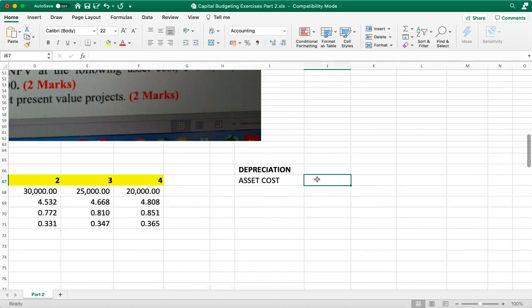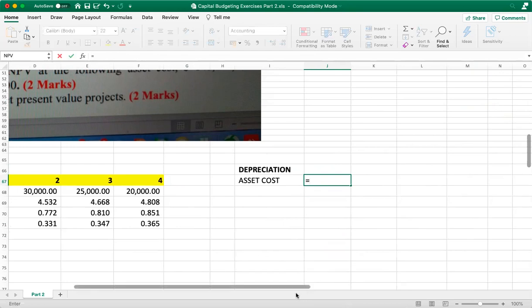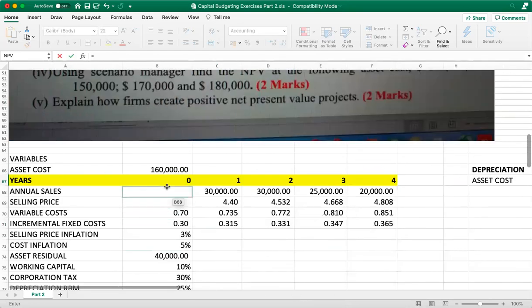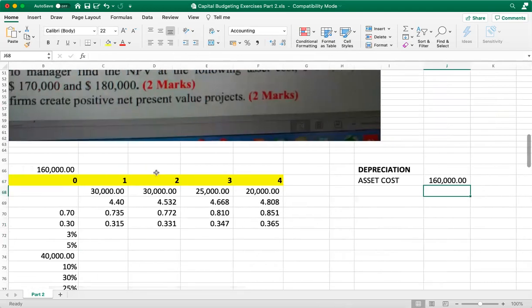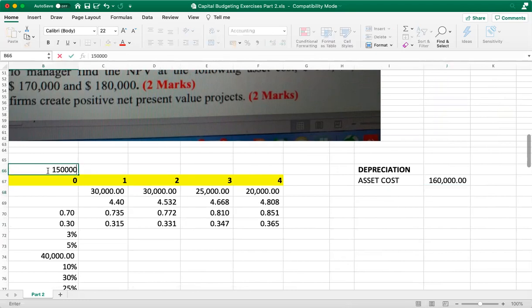So asset cost, you say equals, and then we look for the asset cost. Asset cost is 160,000. So we picked it from our variables. So that if I change this 160 to 150, for example, you will see under depreciation, the asset cost has changed. That is the reason we are linking.